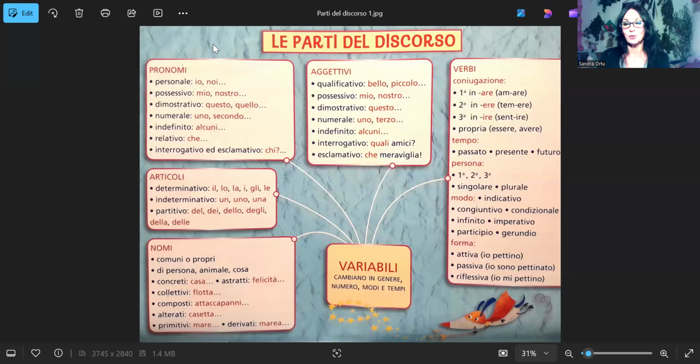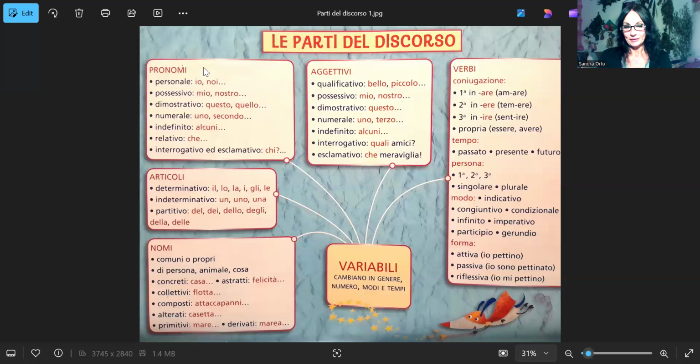You definitely don't need to know all this, as long as you know what a pronoun, article, noun, adjective, and verb are. You don't need the names of the specific types of pronouns, types of nouns, etc.